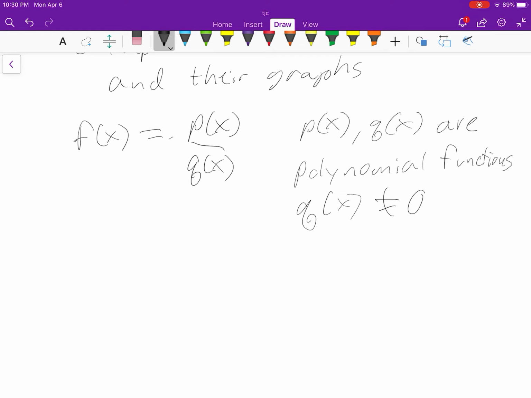Okay, so that's the definition of what a rational function is, and we've covered them previously.